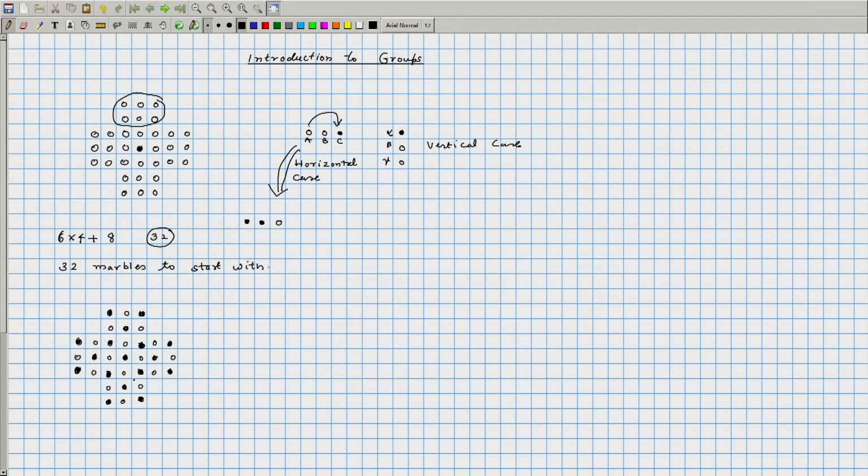If you call this the first position and this position number 2, in position number 1 there are many moves. For example, you can consider these 3 positions and make a move, or you can consider these 3, or these 3, or these 3.